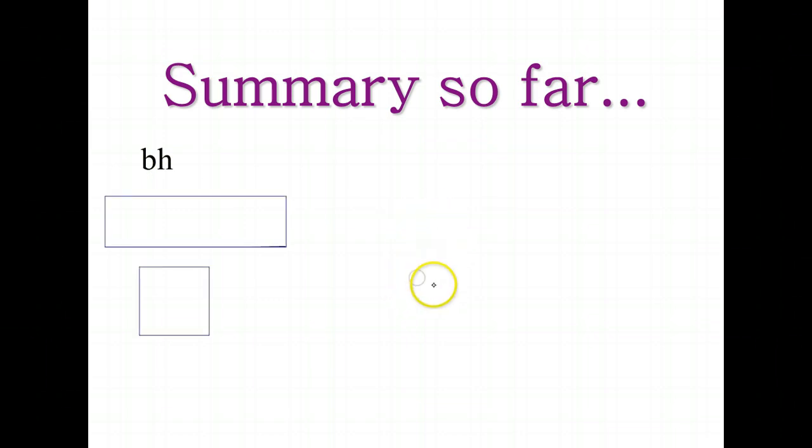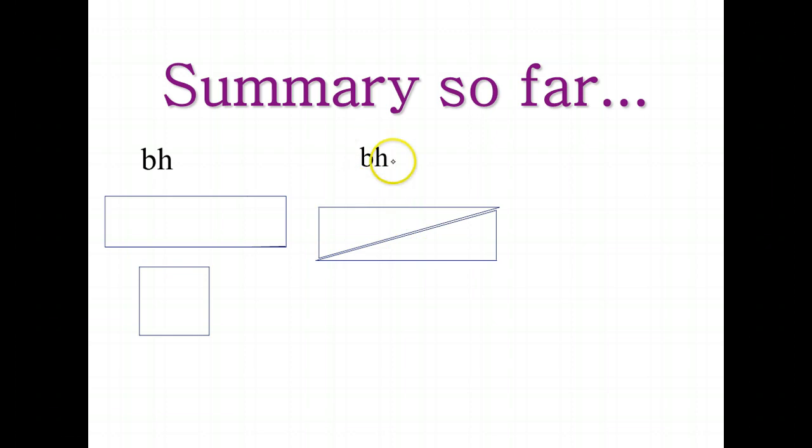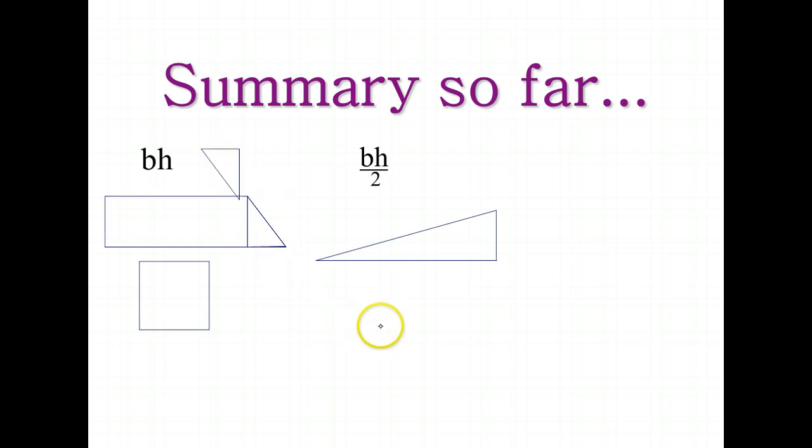Alright, so for summary, we have base times height will be the formula for rectangle, square, and then when we divide it by 2, we get the area of a triangle. Now we turn it into a parallelogram and we still get the same formula.